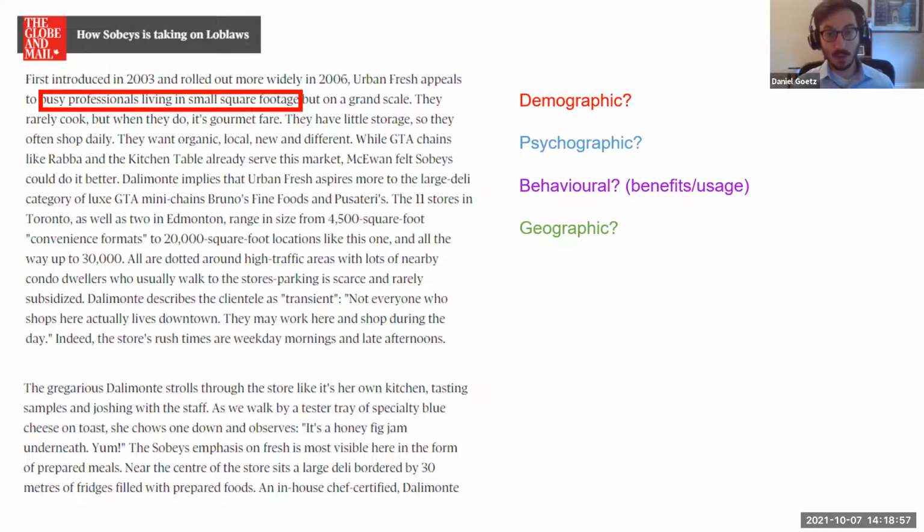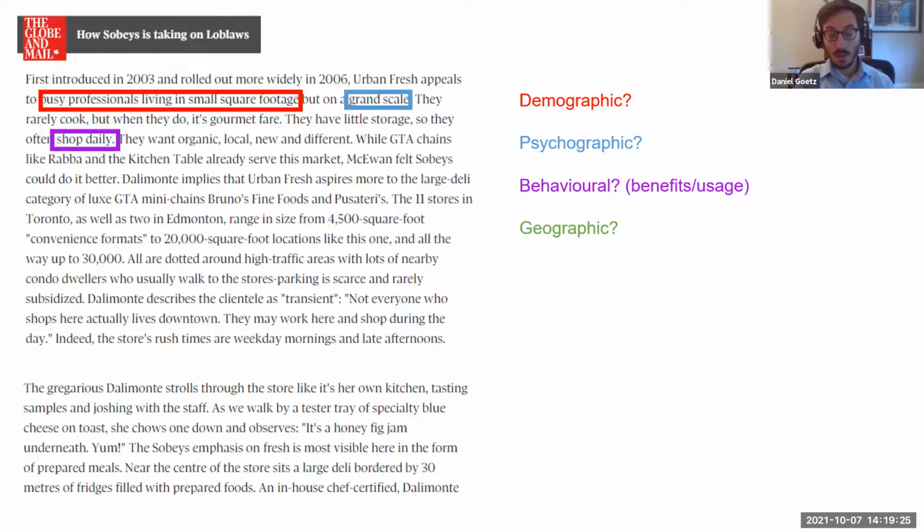That's demographics, right? That's your job and the kind of apartment you live in. This idea of living on a grand scale, that's a lifestyle statement, right? So perhaps people who like to throw parties or people who are upwardly mobile, that's what grand scale means, and that's a psychographic segment. These are also people who shop daily, right?